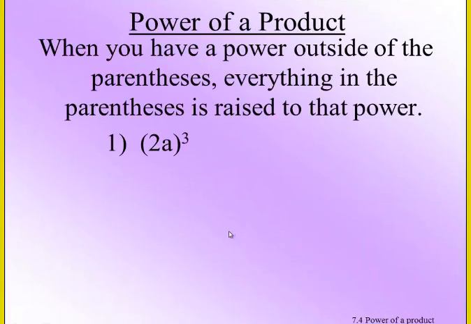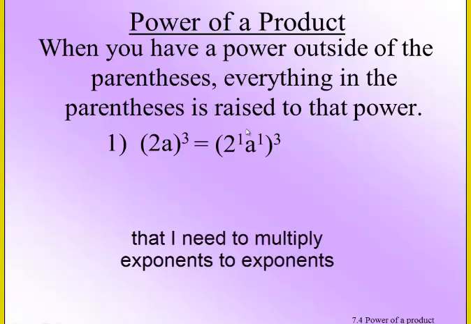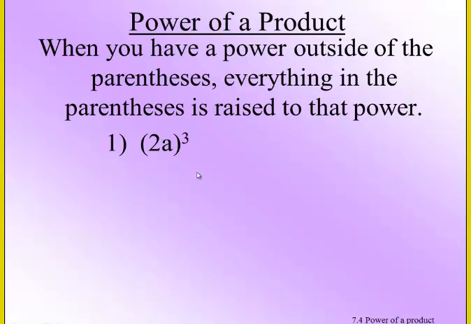So let's have our first example. I have the quantity 2a raised to 3. The reason why I am writing the exponent of each factor is because in some cases, if we don't see the exponent here, we might commit the mistake of multiplying 3 with the 2, and that's a mistake.